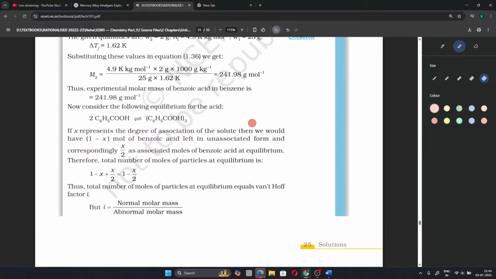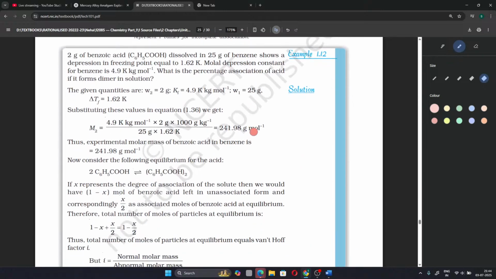This is the example question. 2 grams of benzoic acid dissolved in 25 grams of benzene shows a depression in freezing point equal to 1.62 Kelvin. The molar depression constant for benzene is 4.9 Kelvin.